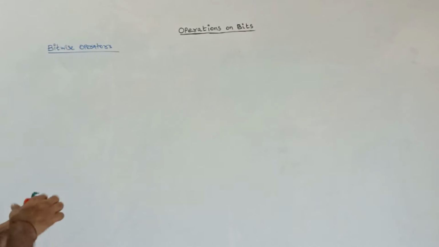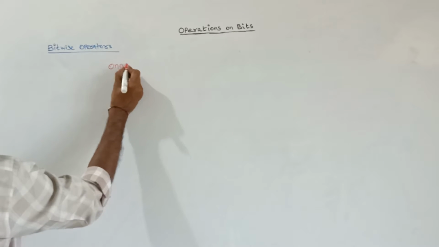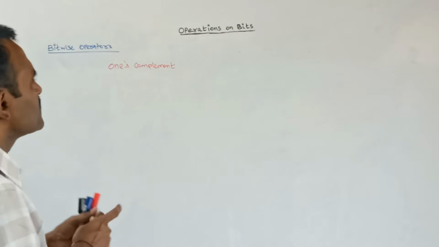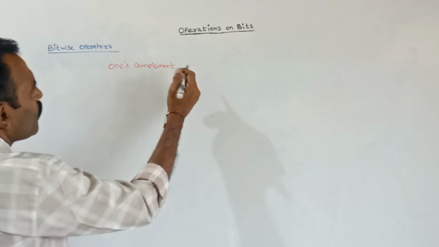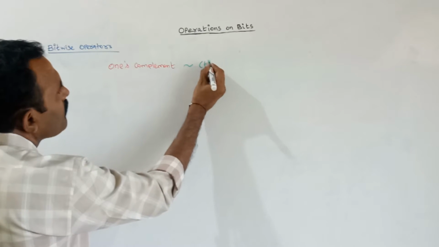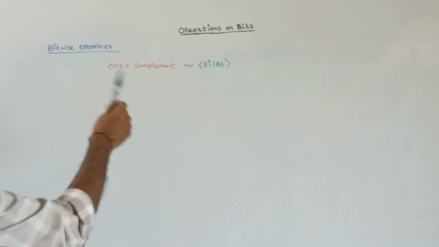Here we are going to see about the ones complement. The symbol for the ones complement is the tilde symbol. You know about the truth table.